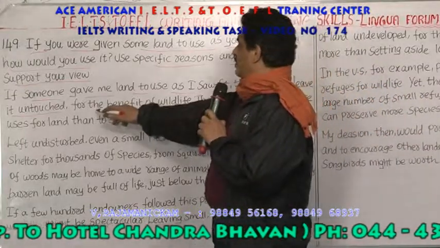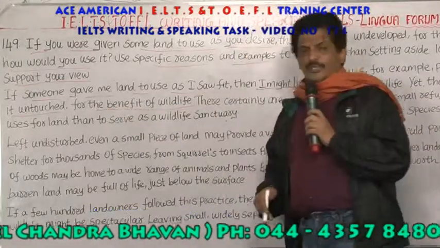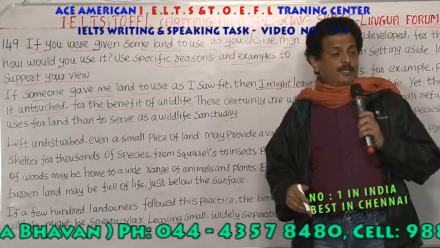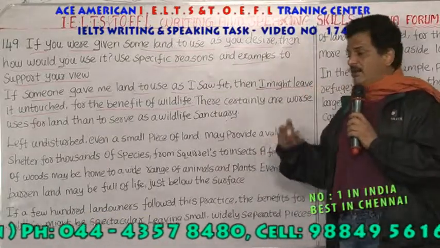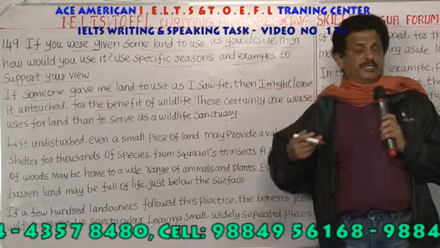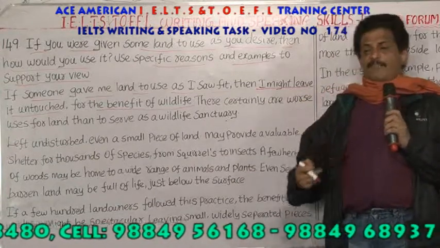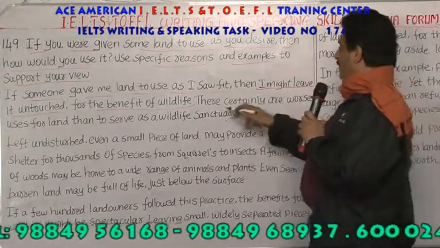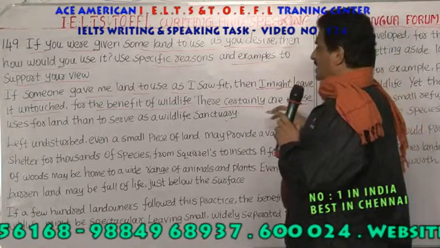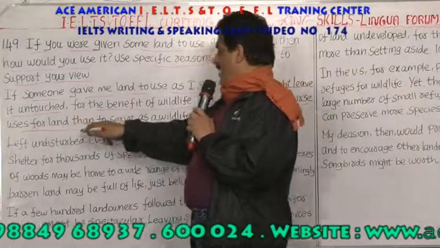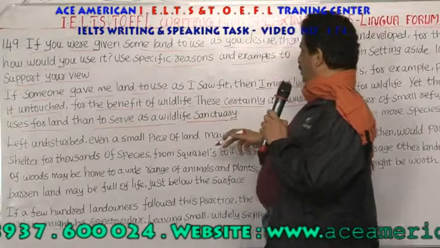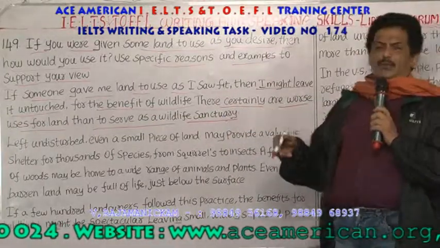And he also says, for the benefit of wildlife, the land which I get I'm going to leave untouched and it's going to be useful for wildlife, that is wild animals. There certainly are worse uses for land than to serve as a wildlife sanctuary. Sanctuary, what do you mean by that?